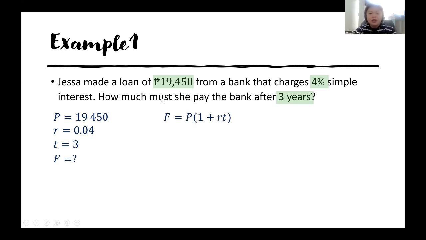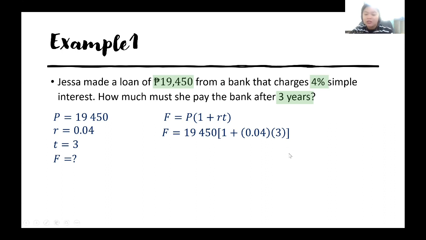We use the formula for F, that's P times (1 plus RT). All you need to do is substitute and then calculate. Practice inputting this in the calculator. Sometimes the formula is correct and the substitution is correct, but if you calculate it incorrectly, the result looks wrong.